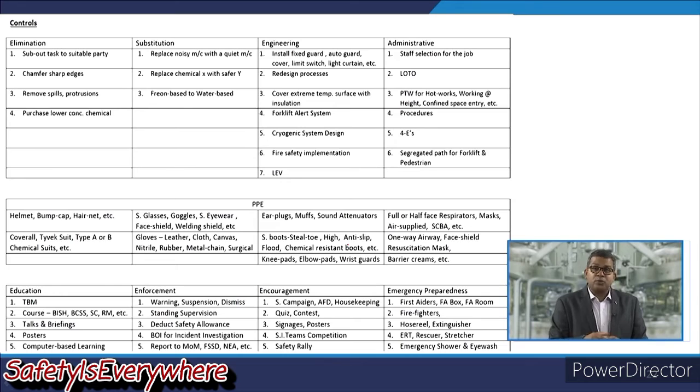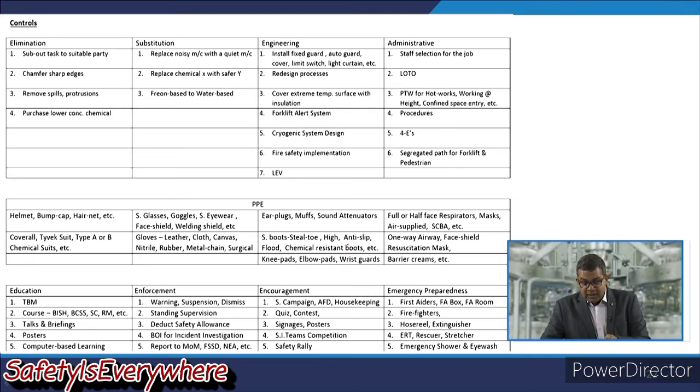Now, how to use those PPEs again is a question, and those control measures and personal protective equipment need to be properly educated. Regarding the managerial aspect, they must ensure through enforcement that everybody uses all these protocols.